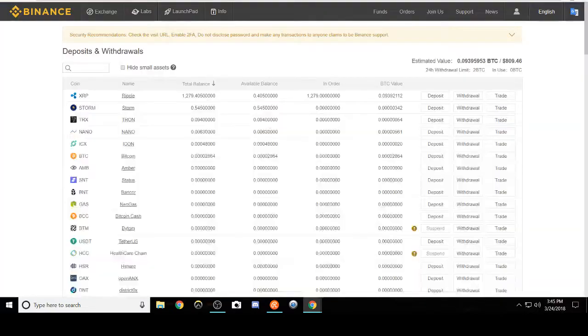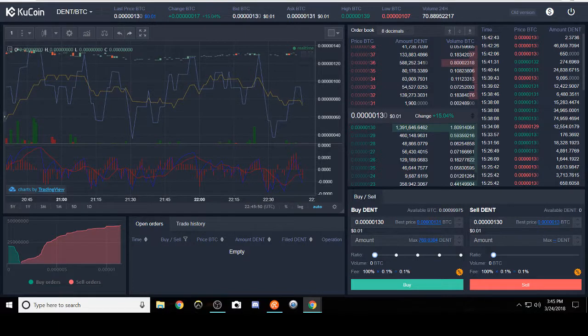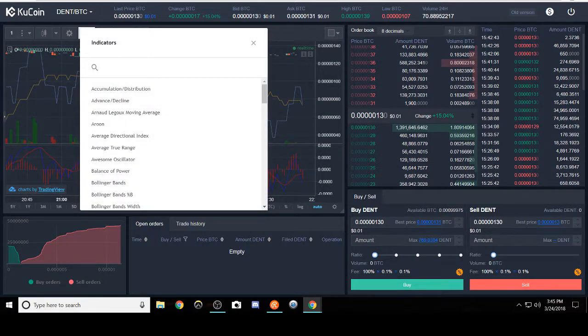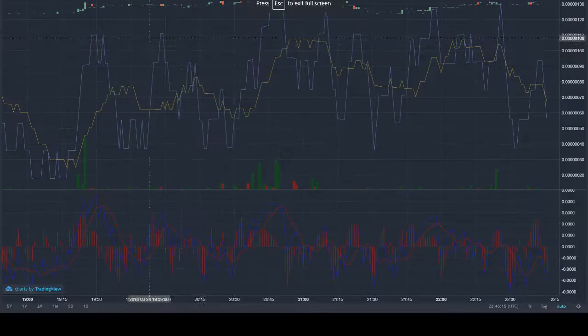So we are gonna check on Binance to see what's going on over here. Nothing. I'm definitely not gonna use KuCoin again. I'm gonna actually send all of my funds out because I don't like how this is formatted. I actually don't like anything about this. So, yeah, this looks bad.